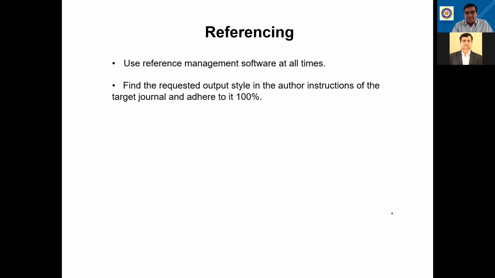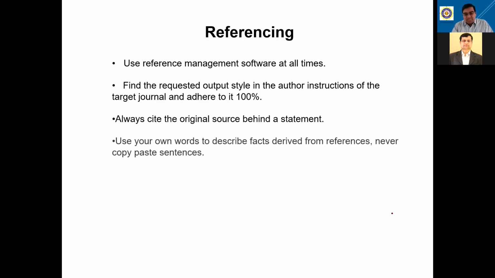Find the requested output style in the author instructions of the target journal and adhere to it 100%. Always cite the original source behind the statement. Yes, this is very important. Use your own words to describe facts derived from references.